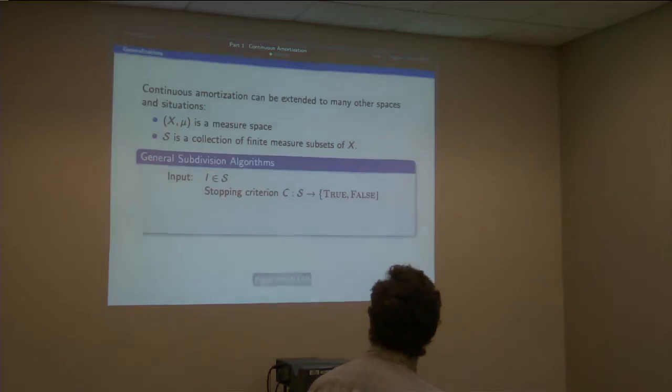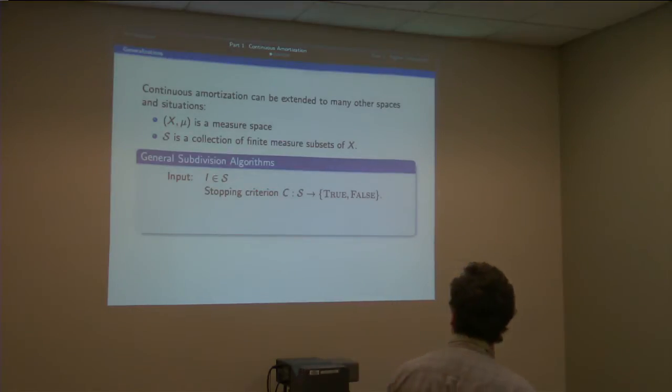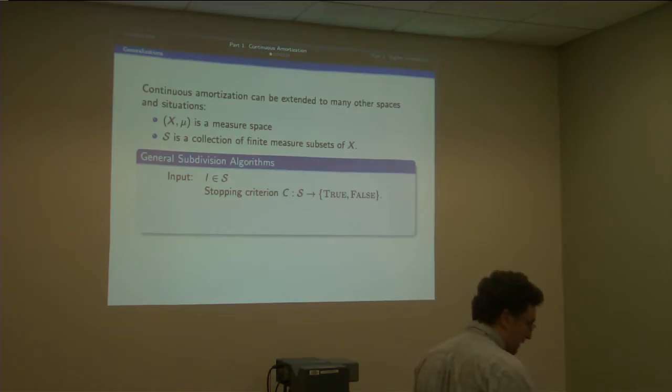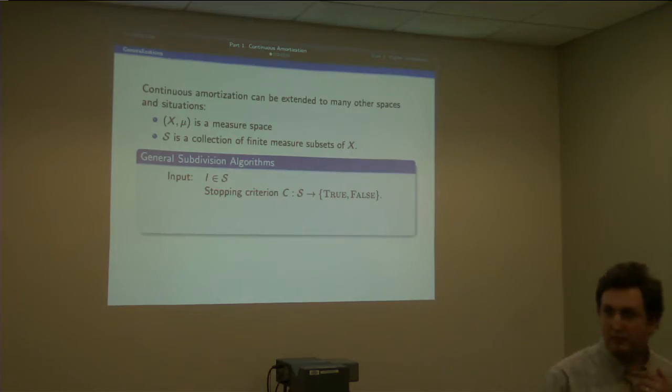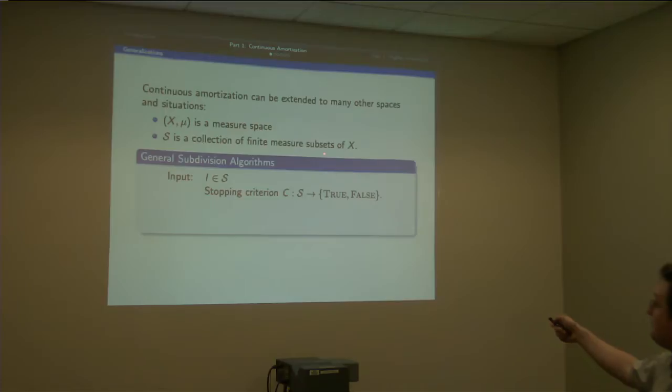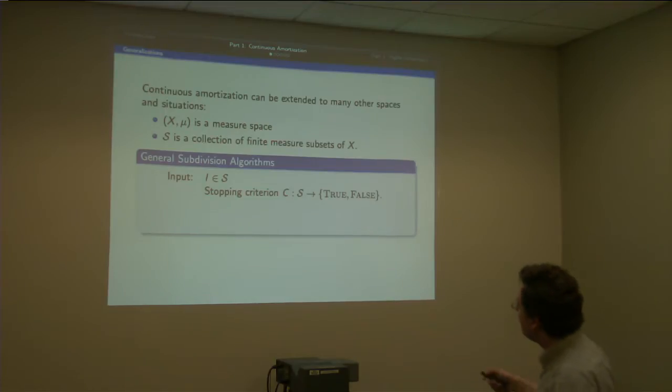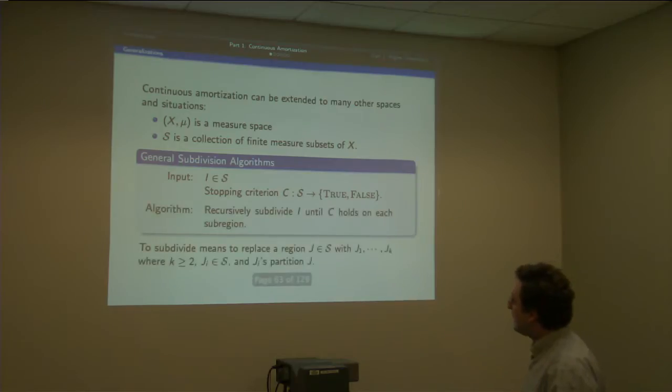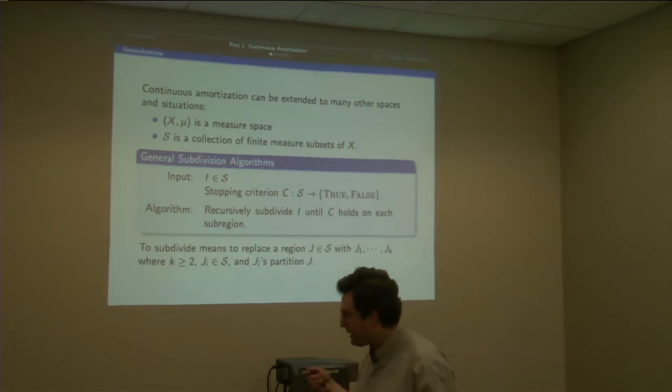All right. So I'm going to have a test. My stopping criterion is a test from my set of finite measure subsets, whatever subsets I deem appropriate, to true/false. I'm going to start with some initial region and recursively subdivide, just like we did before.